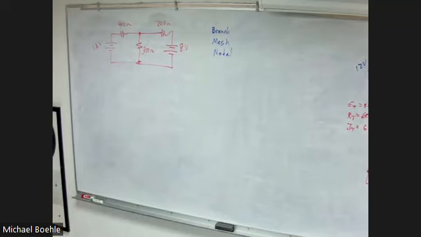So when we look at this circuit, the idea behind branch is to identify how many different currents there are in this circuit. How many?